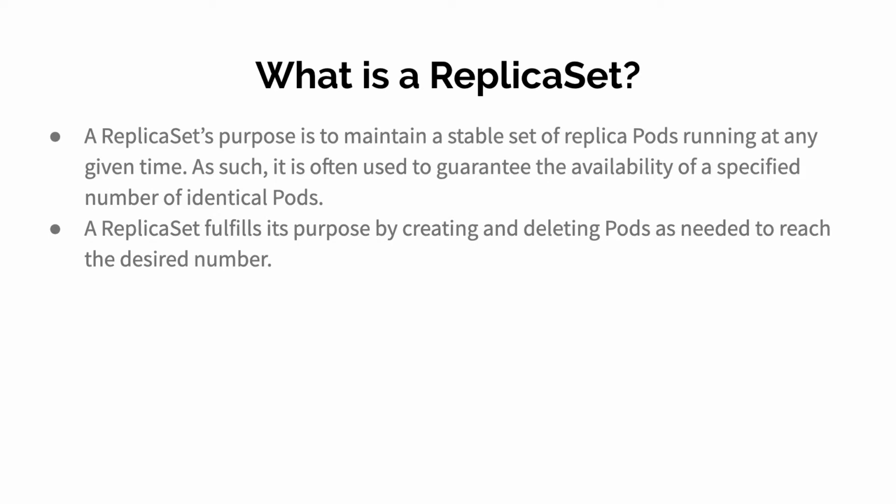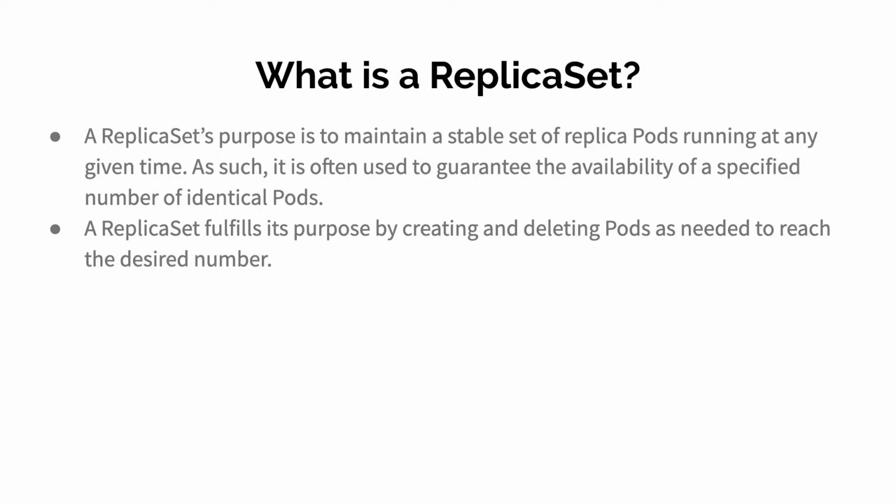So let me explain how it works. Let's say you want to run three replicas, meaning three identical pods of Nginx. In that case, you just create a replica set saying that I want to run three replicas of the Nginx pod at a given time. So it will make sure that three pods are running.